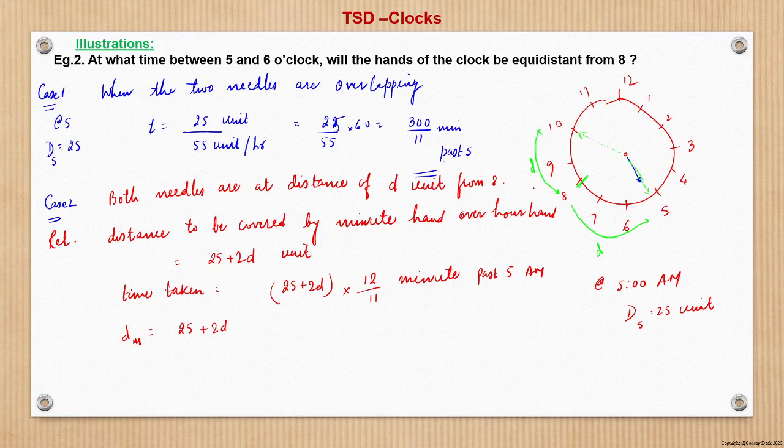No, it will not be 25 plus 2d. In the same time, the minute hand has arrived at this point, right? So it has covered d units extra than point 8. So that is 8 into 5, that is 40 units up to point 8, then plus additional d units. So this is 40 plus d, and the distance covered by the hour hand is what? Distance covered by the hour hand.